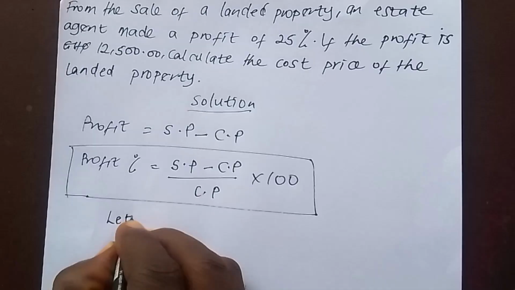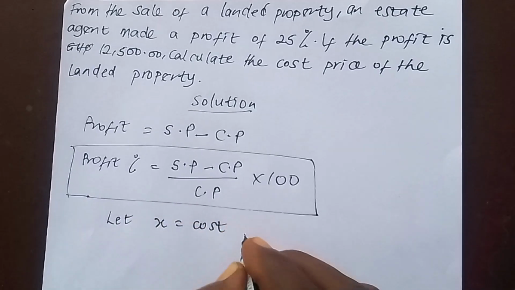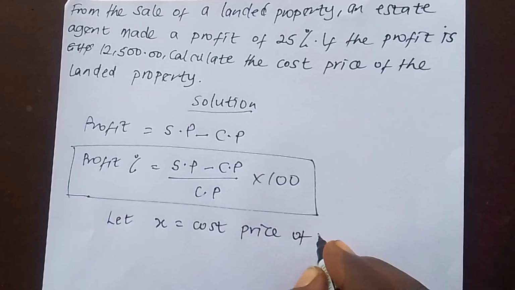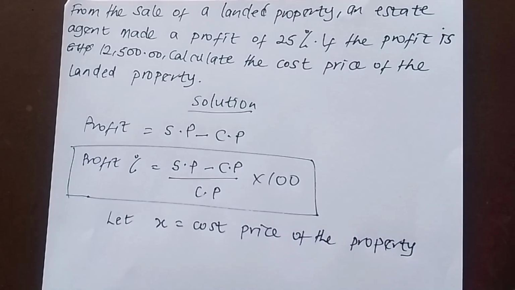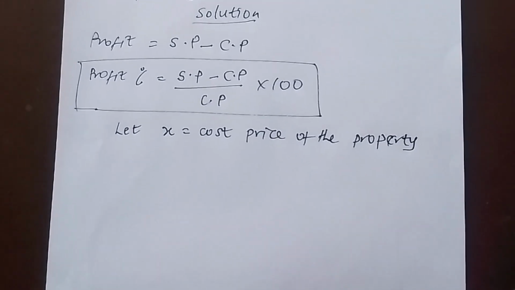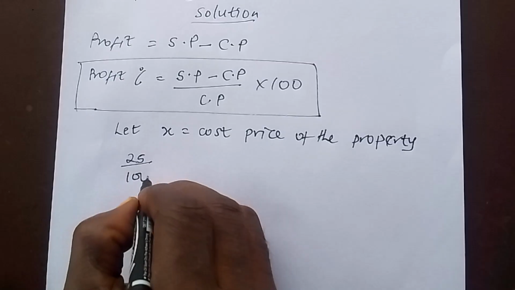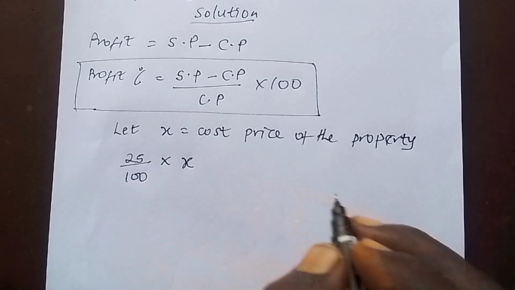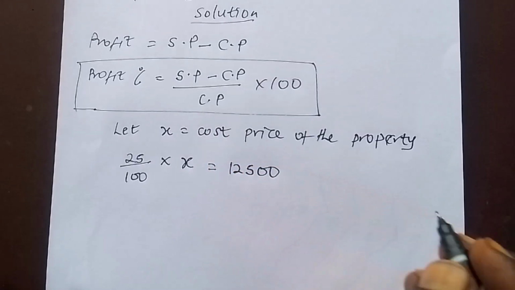So, you can say that let X equal the cost price of the property. Now, if X is the cost price of the property, we are being told that after the agent sold the property, he made a profit of 25%, which therefore says that 25%, which is 25 over 100, times the cost price of the property, which is X, equals 12,500.